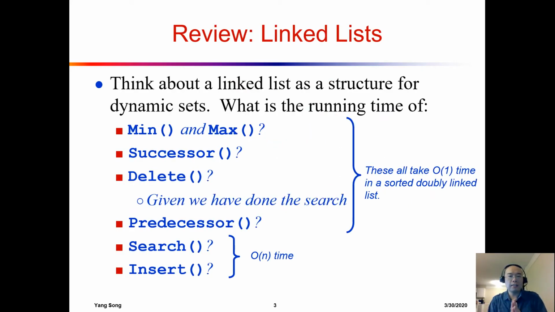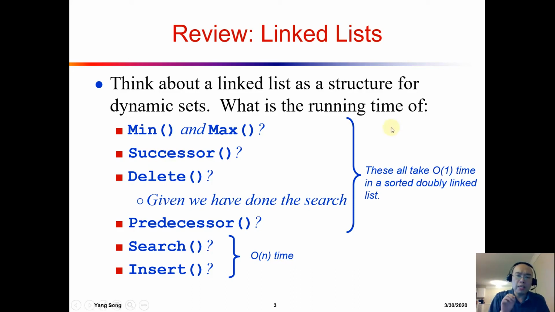If we want to implement a dynamic set using a linked list, it is doable. If we want to find the minimum and we are dealing with an unsorted linked list, we have to visit all the values in the linked list one by one, right?